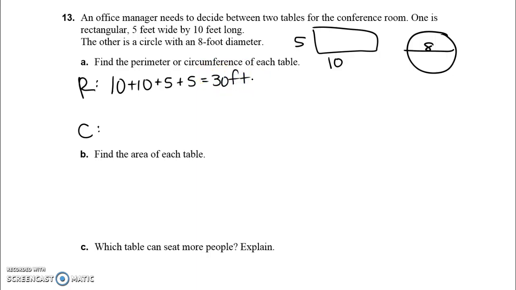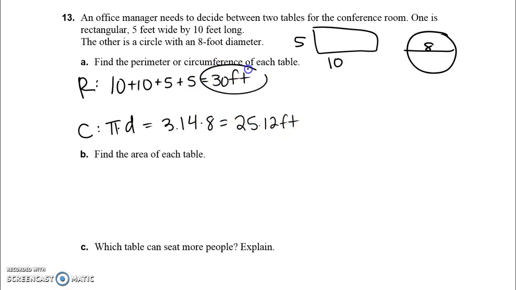The perimeter of the circular table, you find the circumference. So pi times diameter is 3.14 times 8, which gives me 25.12 feet. So I have my perimeter and circumference of both of those. Now we need the area of the rectangle, area of the circle.